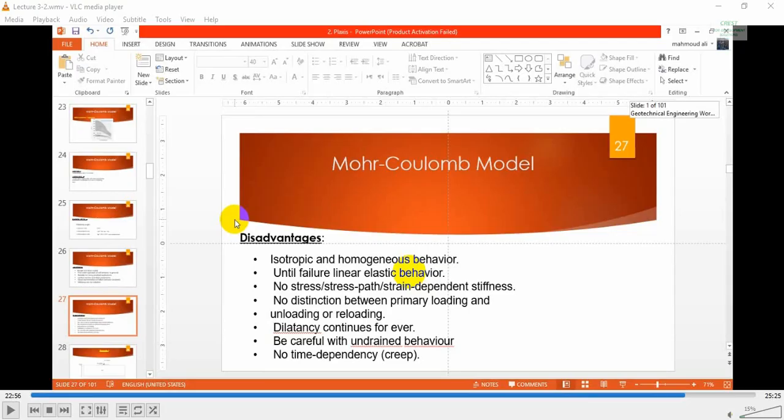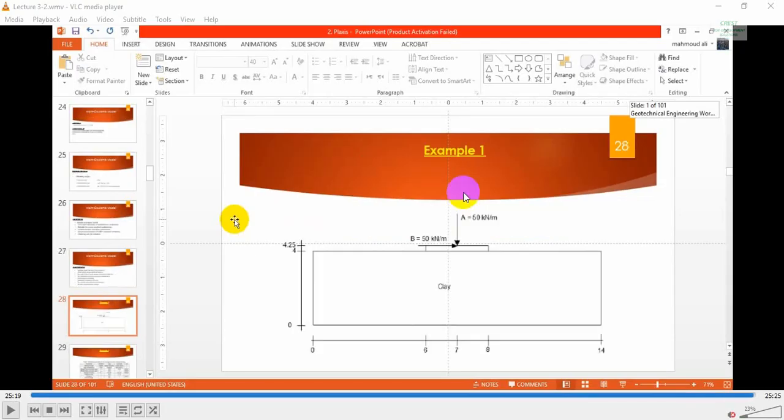It uses the same stiffness value for primary loading, for unloading, and for reloading, which is not true. The dilation continues with the same value until the end of your simulation. It has some problems in dealing with undrained soil response, and finally, it doesn't account for creep.